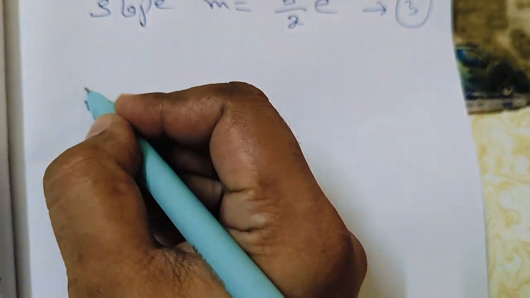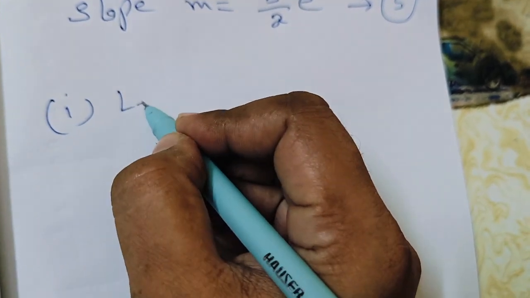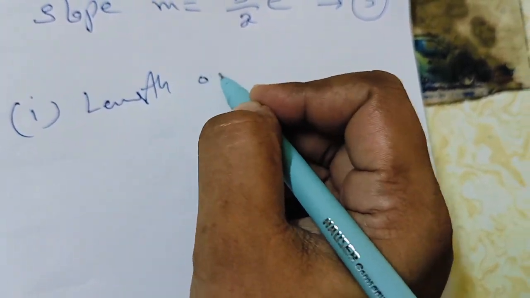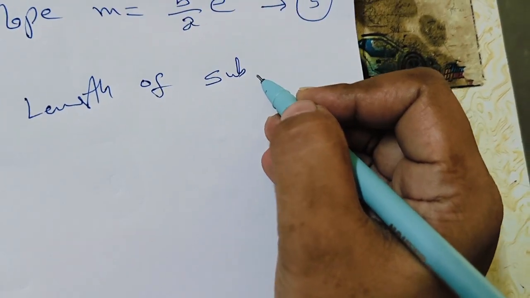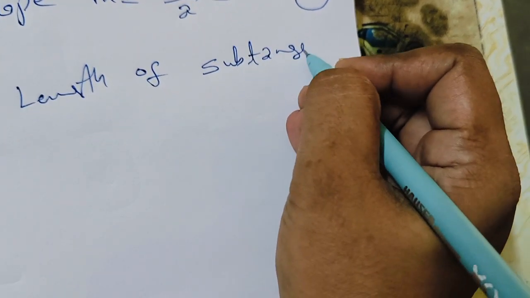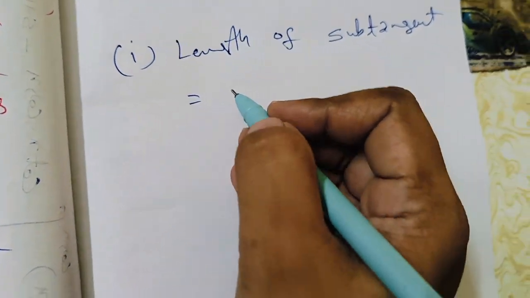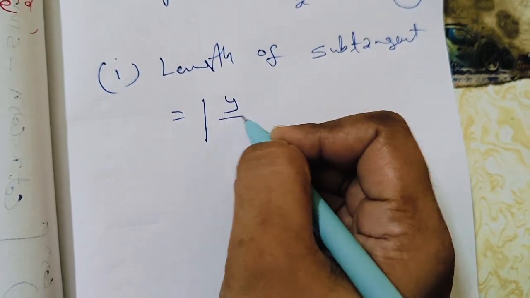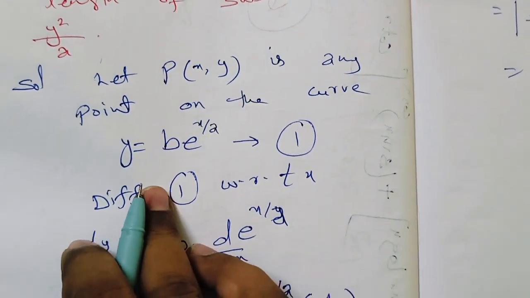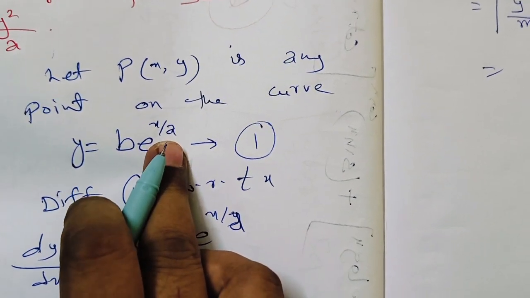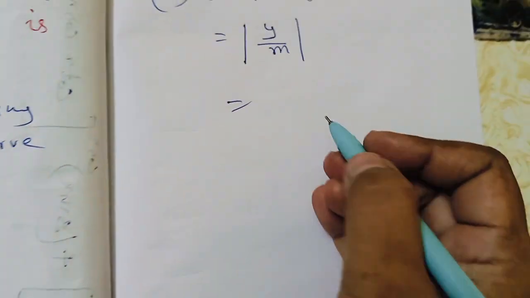Here we make a side heading: length of subtangent is equal to y by m. Here y is the given curve, b e^(x/a).